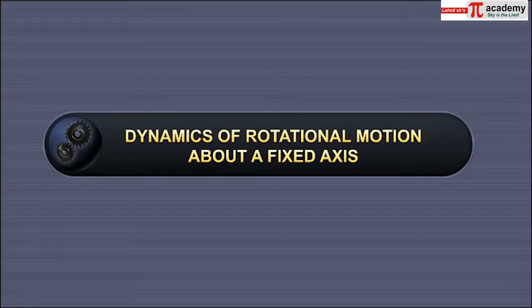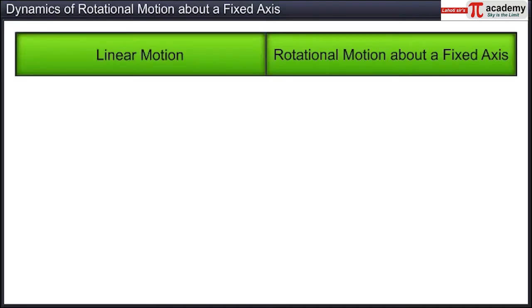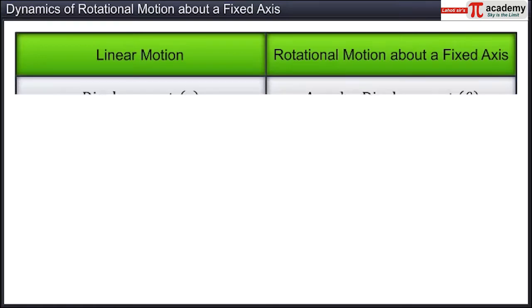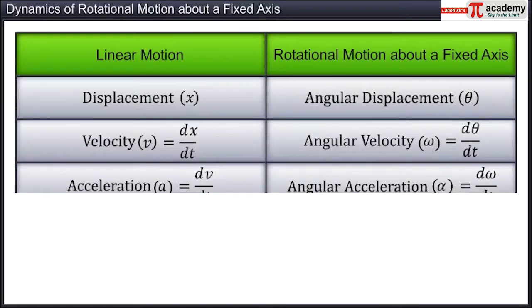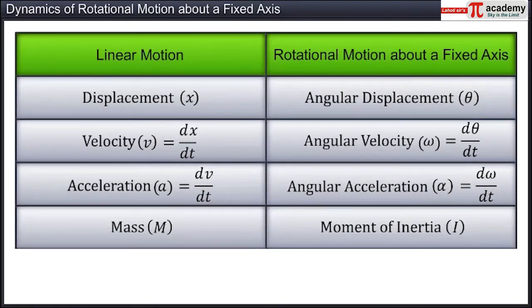In this module, you will learn about the dynamics of rotational motion of a rigid body about a fixed axis. Using the analogy of translational motion and rotational motion, we know that the moment of inertia is the rotational analog of mass in translational motion.